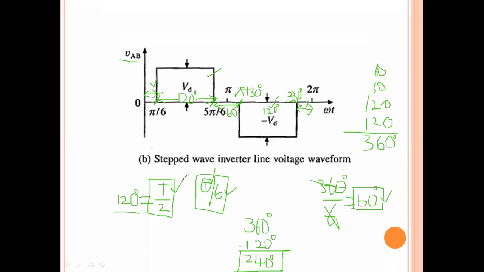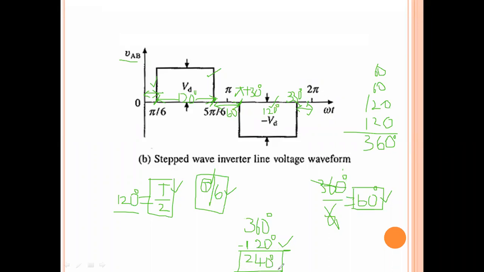Here T by 2 means the leftover time, because T by 6 is the time gap between two consecutive square pulses. Here we will have two time gaps, that means 60 plus 60, we will have 120 degrees of time gap. Out of 360, 120 degrees is gone, then we will be left with 240 degrees only.